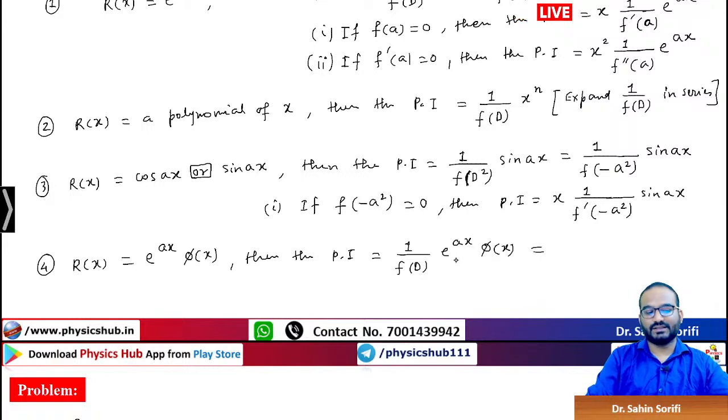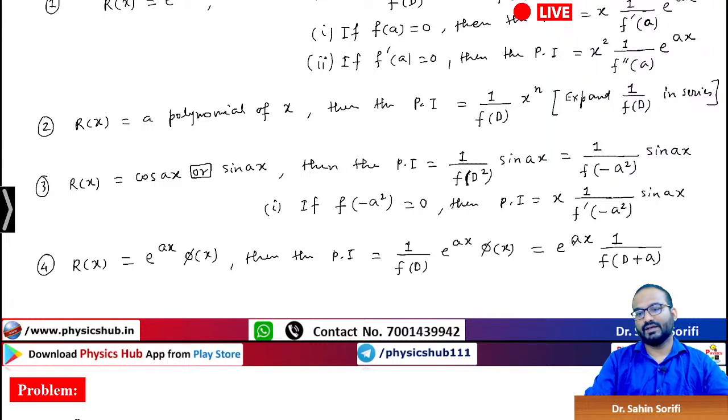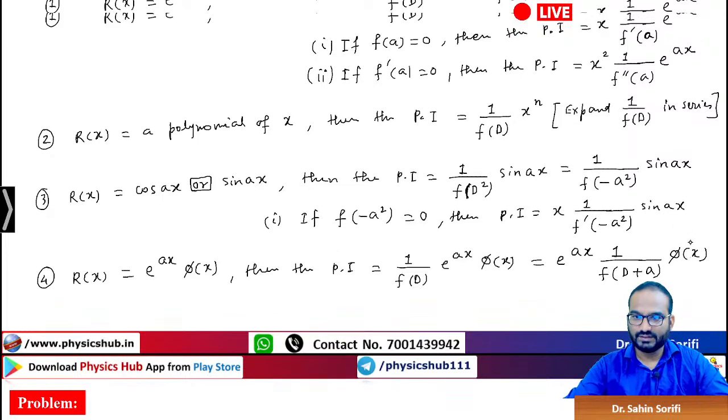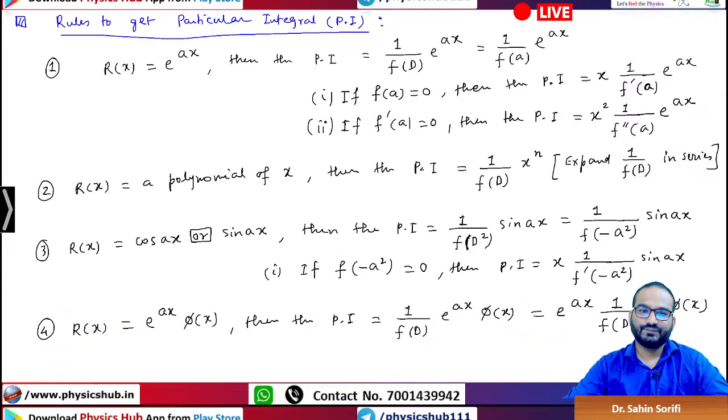So this exponential can be taken to the left, but f of D changes to f of D plus a. Remember this thing, we take e to the power ax, and in the denominator it becomes f of D plus a, multiplied by phi of x. The fourth case does not generally come. Mostly the first three cases you see in your examination.